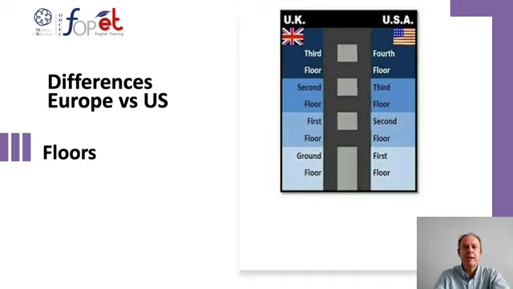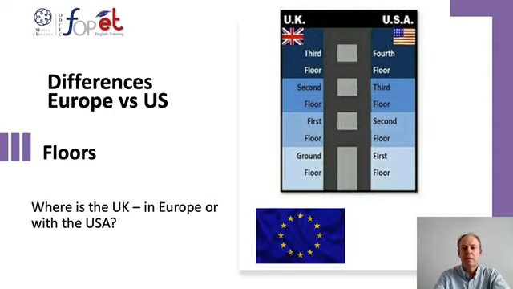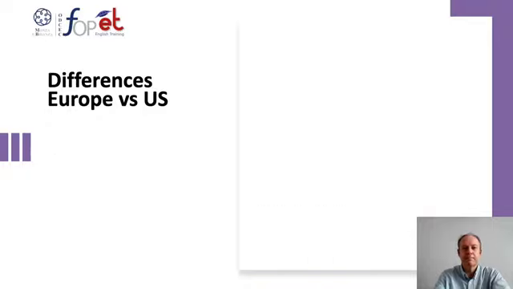So in American lift, you go 1, 2, 3, 4. In UK and Europe, we go 0, 1, 2, 3, 4. Again, the Americans use the old Roman system. They haven't really understood about the 0 yet.